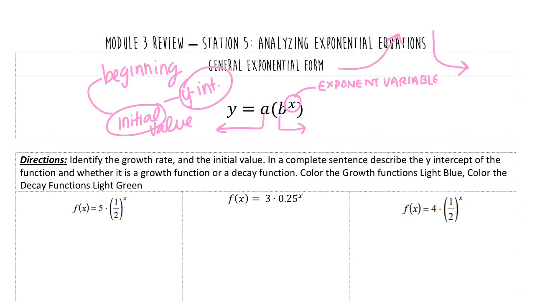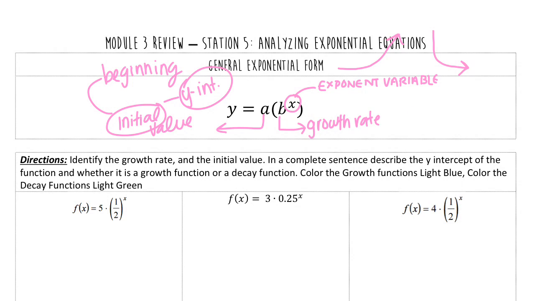Now b does something a little bit different. B can actually tell us a lot of information about our function. This is called the growth rate, and depending on its value, it'll tell us if we have a growth function or a decay function. Now there's two options here.